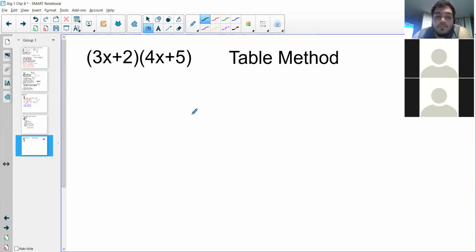So we have 2 polynomials here, and each polynomial has 2 terms in this case. So we're going to make a table, kind of like a Punnett square, with these values. 3x and 2 will be on the left side. Doesn't matter which one you put left or top. And 4x and 5 will be on the right side.